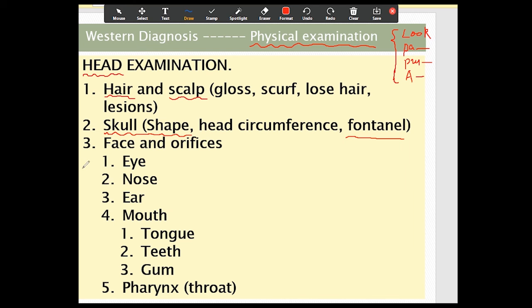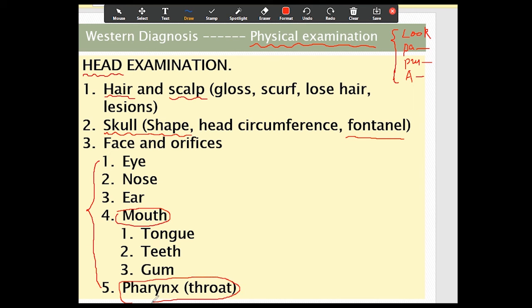And then in the face area, we have orifices. Some of the orifices we just look at, like the mouth and the throat area.